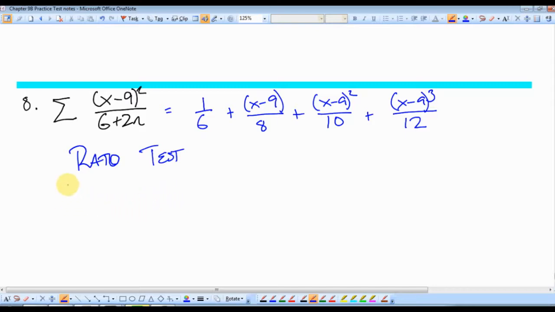Here's our ratio test. We're going to take the limit as n approaches infinity. That's x minus 9 to the n plus 1 over 6 plus 2 times a quantity n plus 1. Now I'm going to be very careful here because algebra fail is real.